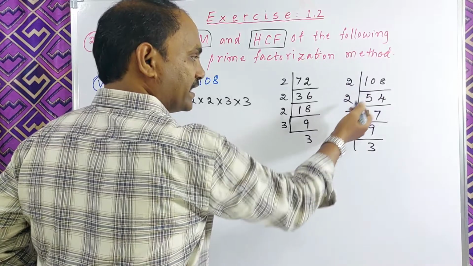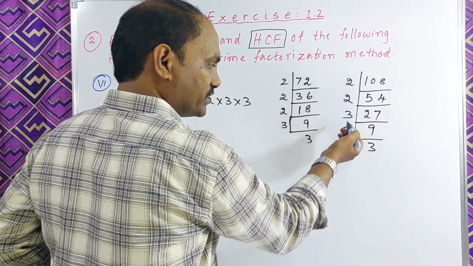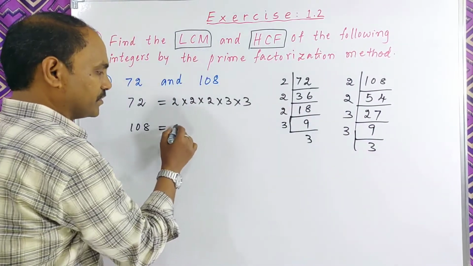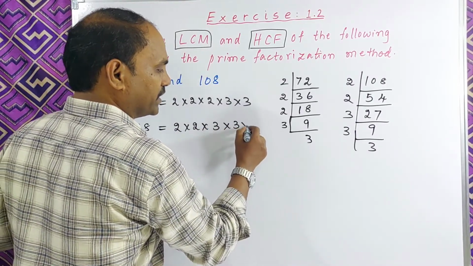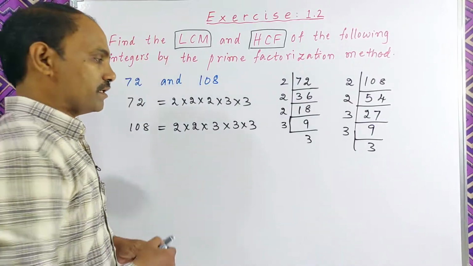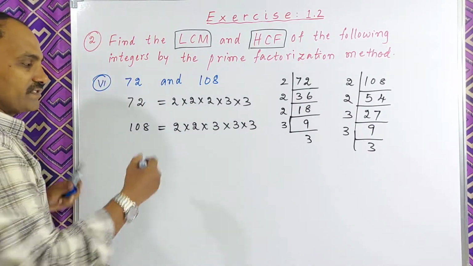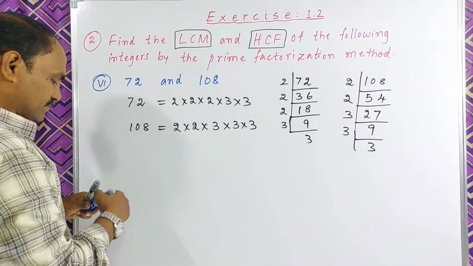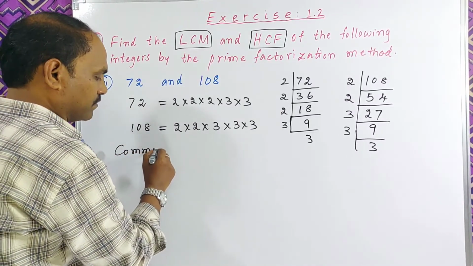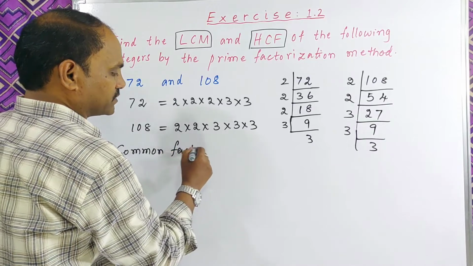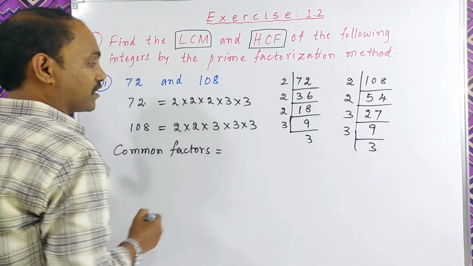How can we write 108? 2 into 2 into 3 into 3 into 3. Now what are the common factors? First we should write the common factors.